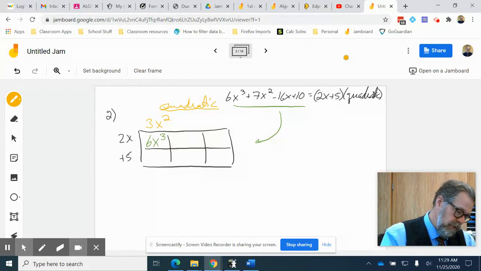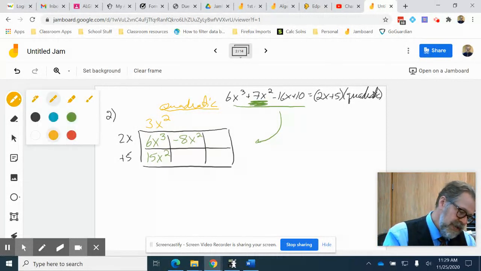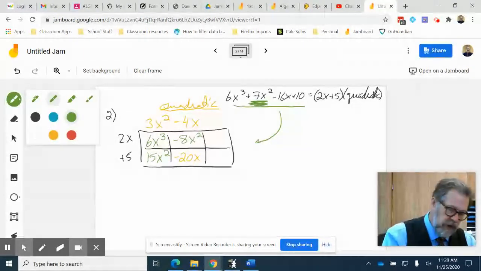Well, now I can multiply 3x squared times 5, which gives me 15x squared. And I notice that I need 7, but I have 15, so I have to have a negative 8x squared there. Well, again, this tells me that this has to be negative 4x. Multiplying negative 4 times 5, I get negative 20. I have negative 20x in my rectangle.